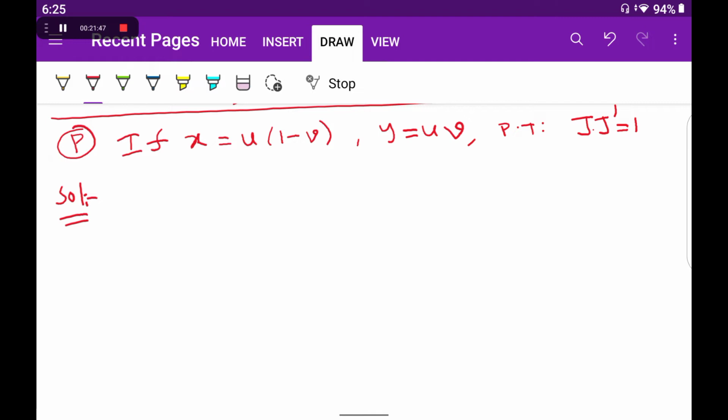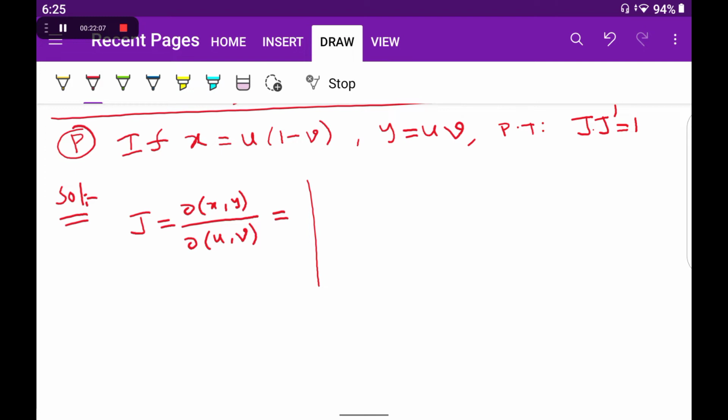We are given x and y in terms of u, v, right? So therefore, here J becomes ∂(x,y)/∂(u,v). We can name this as J, right?